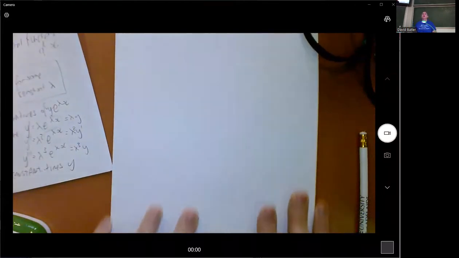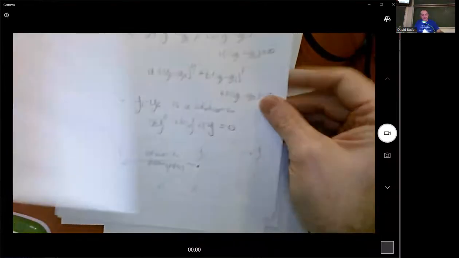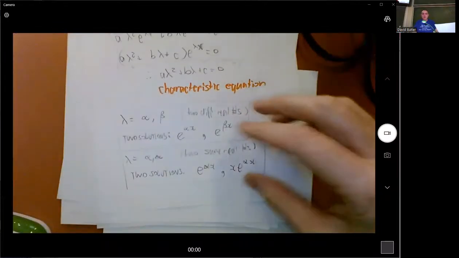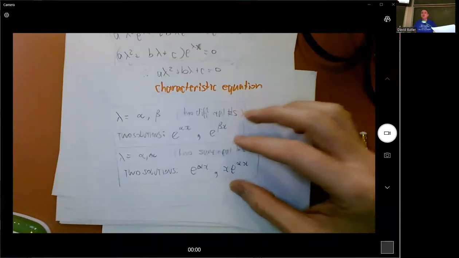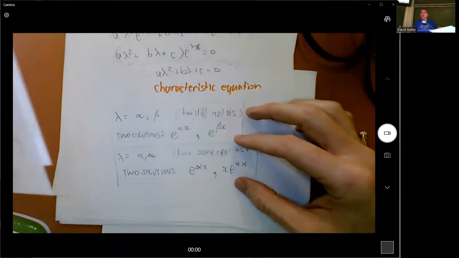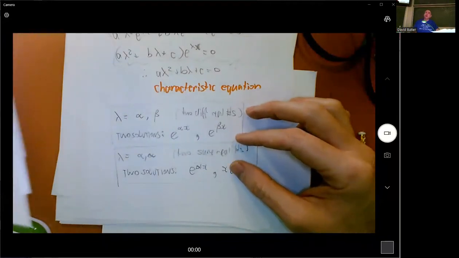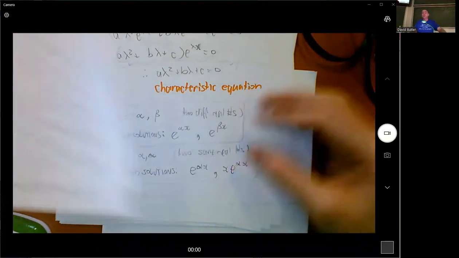Okay. And go all the way back to here. Not there. Here, homogeneous ones. When you do PDEs, you separate them into 2 homogeneous linear ODEs with constant coefficients.